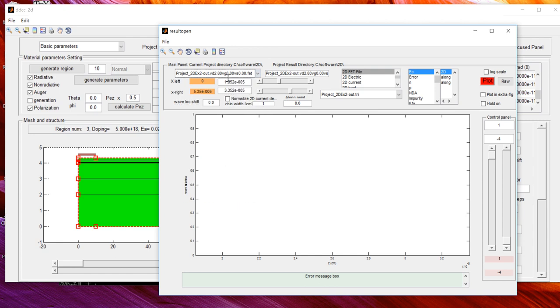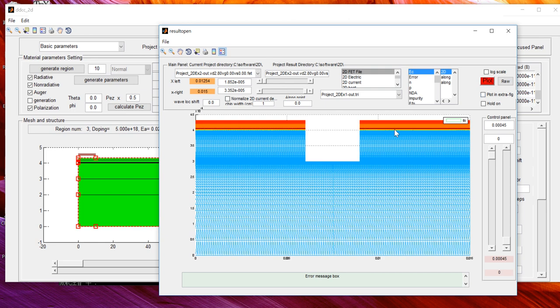I finished 2.8, so I plot 2.8. Some mistake you can make is choosing the wrong TRI file. For example, if I plot this, it still can plot, and there's no problem, but actually there's some shift.